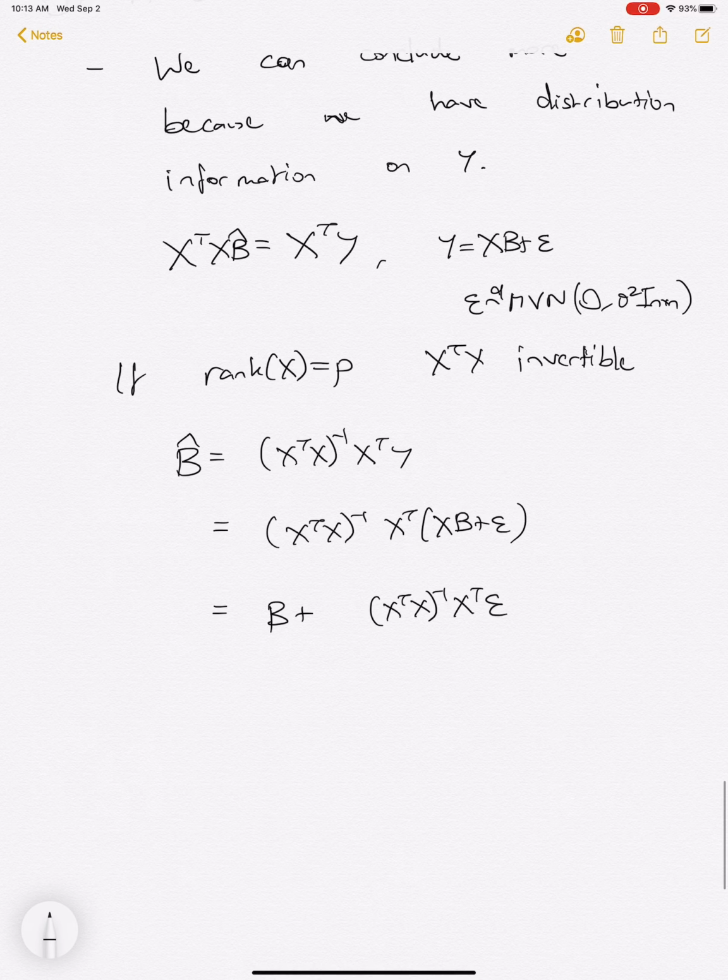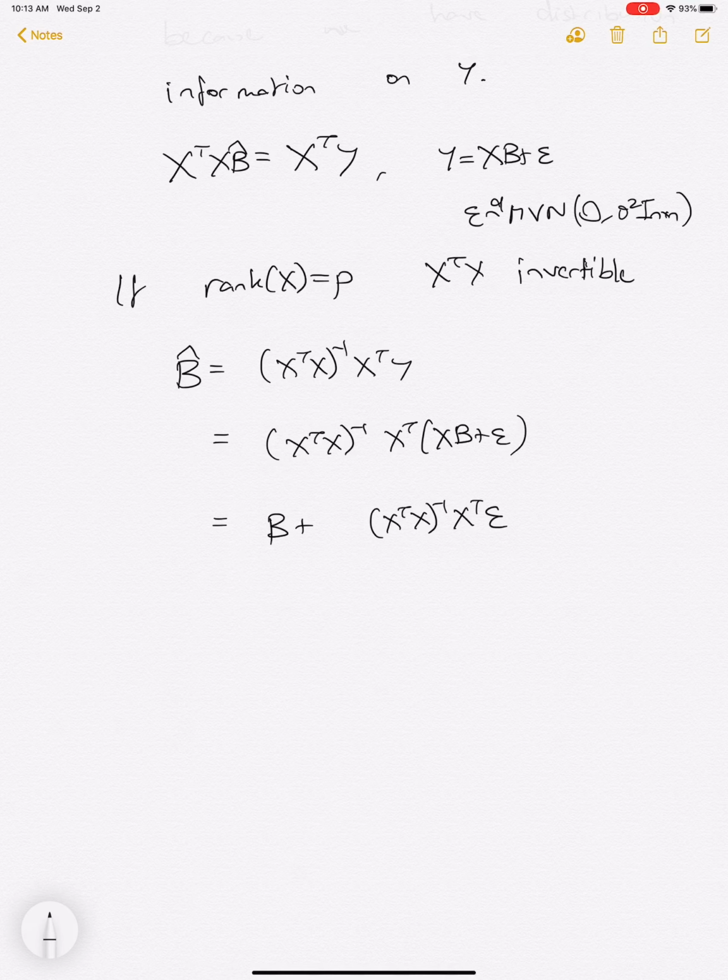Okay, so what we can actually do now is say more because of the fact that we know that epsilon is multivariate normal.